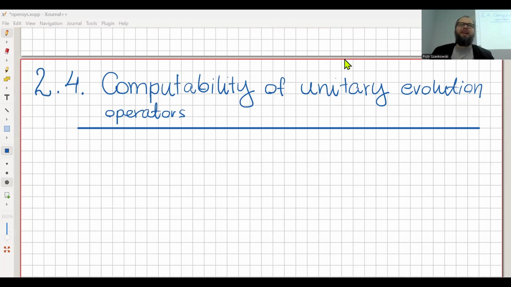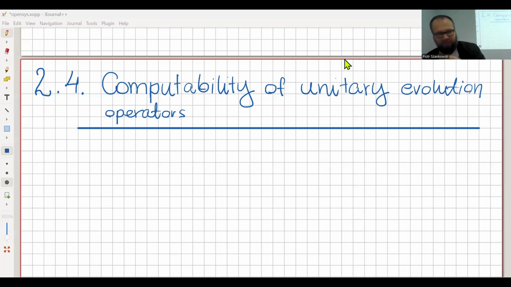But when push comes to shove, from time to time you actually have to calculate something to get some testable predictions in the end. So we had our formulas, our equations for unitary evolution operators, but what about computing them actually to get some numbers? Well, there are a couple of things to say about that.